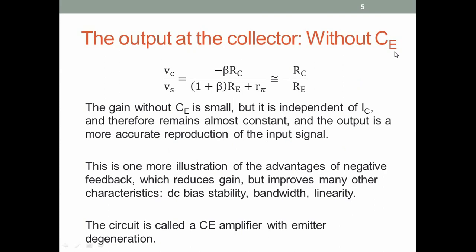So there is no CE connected, and we had seen before that if there is no CE connected, this is the voltage gain, and then because 1 plus beta is large, we ignore the r pi, and the betas cancel, and we get a gain of minus RC by RE. Now the observation we make here is that RC by RE is typically small.